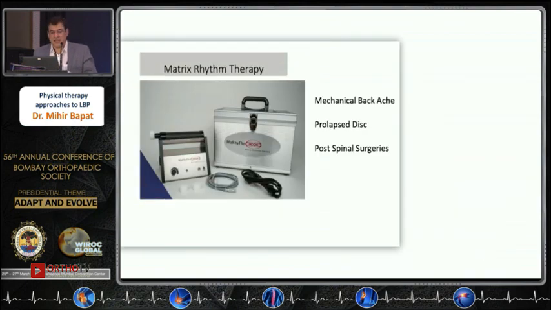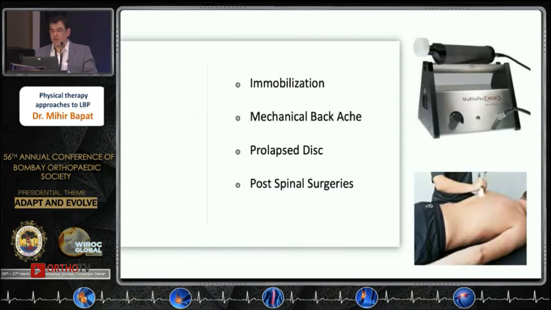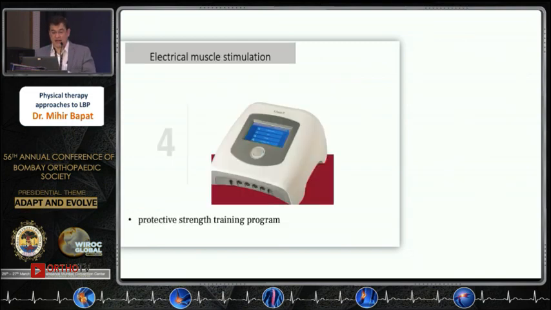The third latest thing is a matrix rhythm therapy. This is a machine which gives mechanical vibrations with the use of magnets. So it creates an electromagnetic field and it is supposed to release the fascia and the muscle tension. So you can use it to practically treat all kinds of pain, and this is now commonly used in practice.